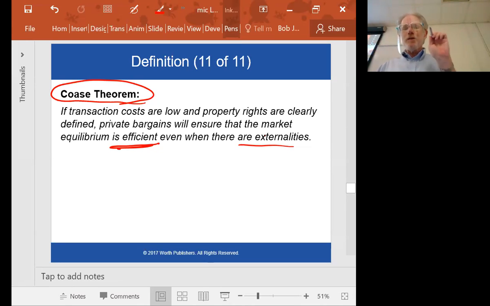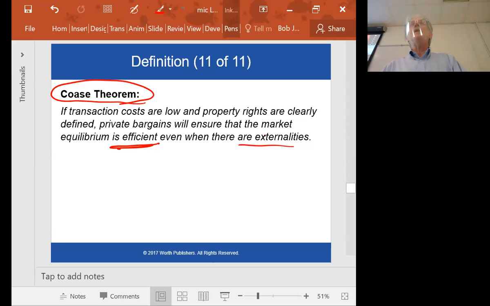If property rights are well defined, so that everybody knows who the environment belongs to, well, if the right to a clean environment belonged to the community, then you wouldn't have that pollution. The tire company would have to go to the community and would have to purchase the right to pollute. Okay? So the externality would be taken care of.